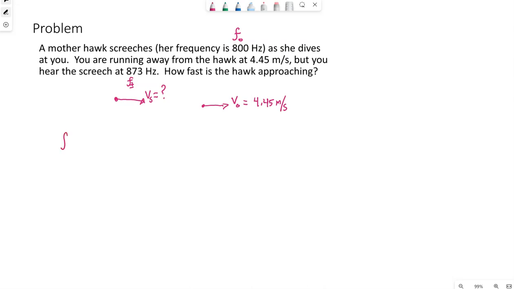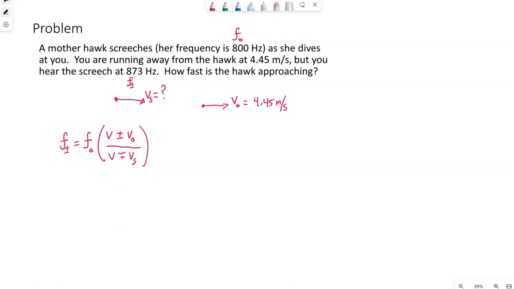All right, so the equation, the Doppler effect for sound. F plus minus, the frequency that we hear that's higher or lower because of motion, is equal to F naught times V plus or minus V sub O over V minus plus V sub S. We can solve this all symbolically.